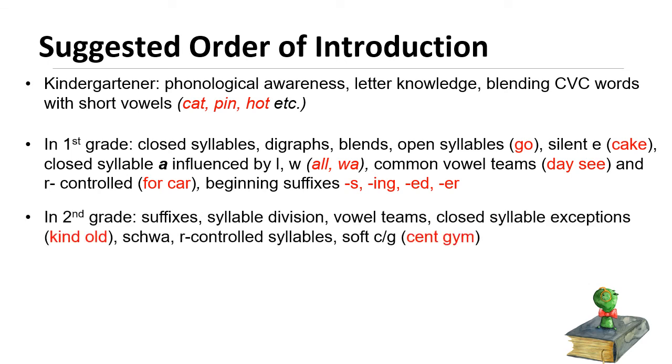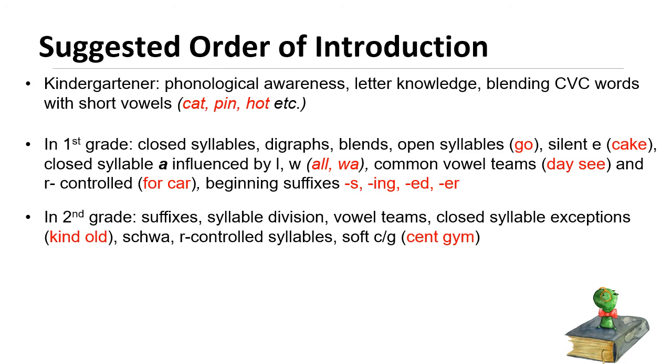And then in second grade, we build on all of that knowledge from first grade, and we're really moving more into reading multisyllabic words, so words that have at least two syllables. I like to introduce a variety of common suffixes, so we build on those beginning suffixes from first grade and we add more suffixes. We teach students about syllable division patterns, and we expand on those vowel teams by having students read words with vowel teams with suffixes.